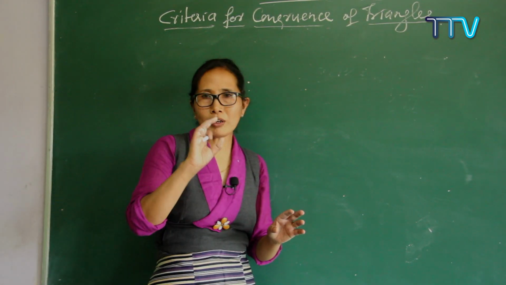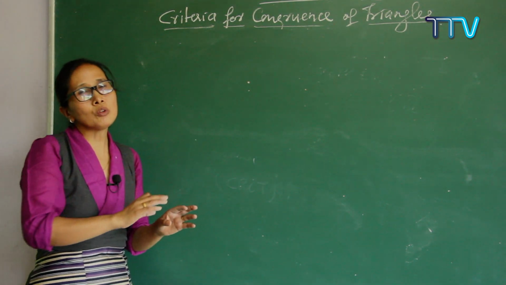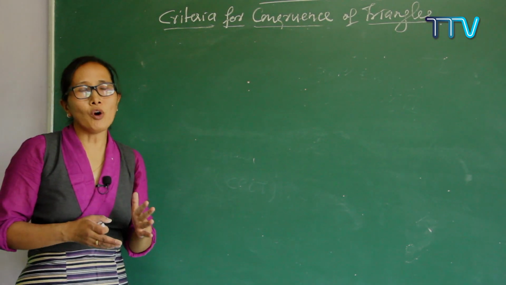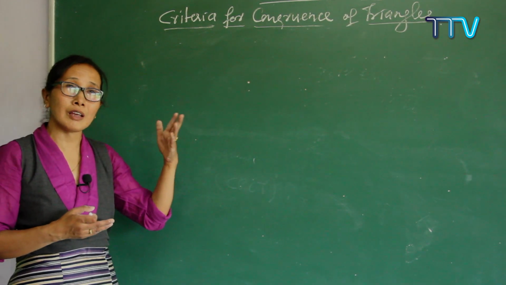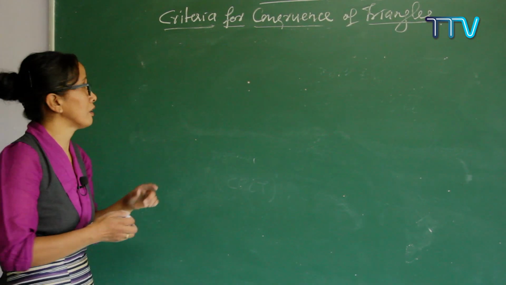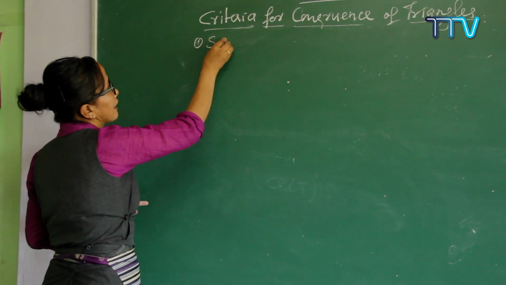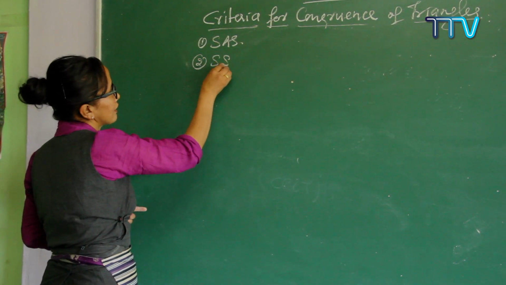Because of that, they made a few rules. What are the criteria for congruence of triangles? Though we have 4, I'm writing 5 because the second last is similar to the third one. The first rule is side angle side, and the second rule is side side side.